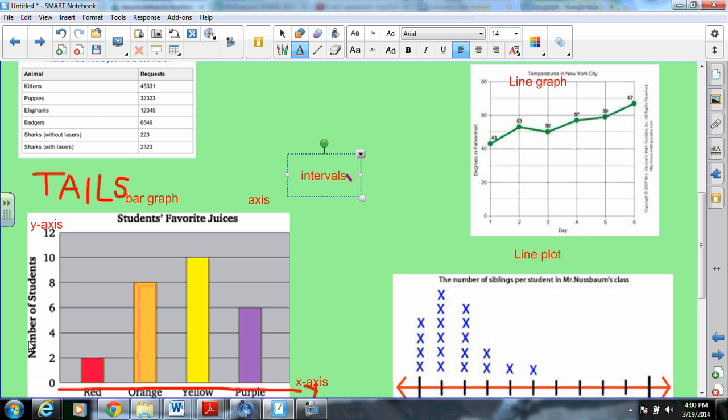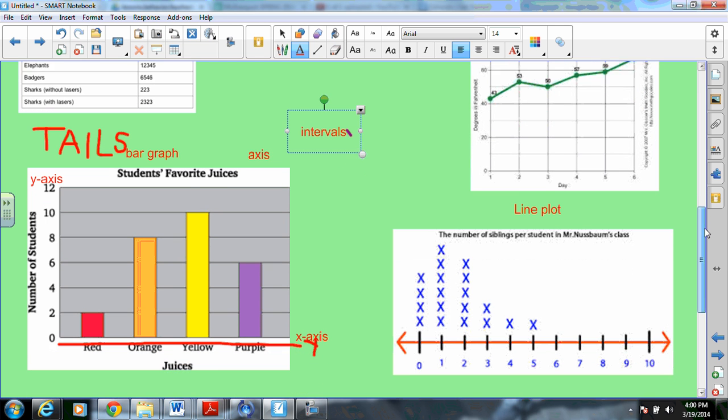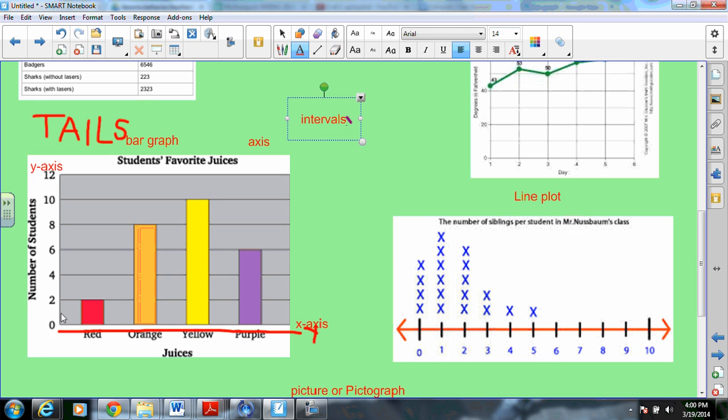These numbers are the number of students that voted, whereas this juices tells you the types of choices that the people had to vote for. We have S for 2 things, the scale and the spaces between the bars on a bar graph. So we talked about all those things.